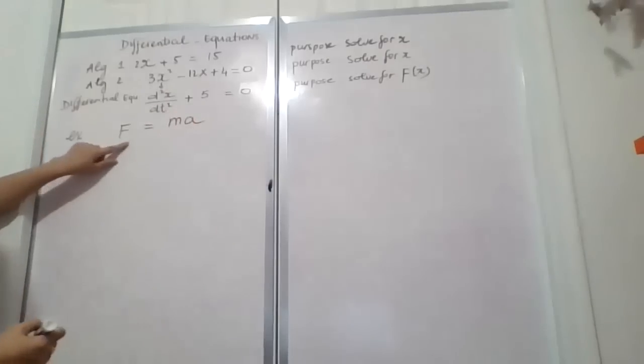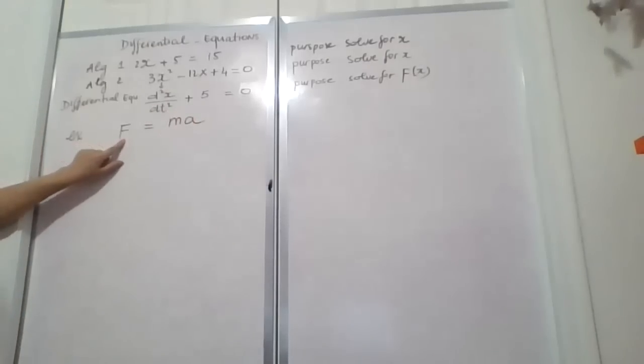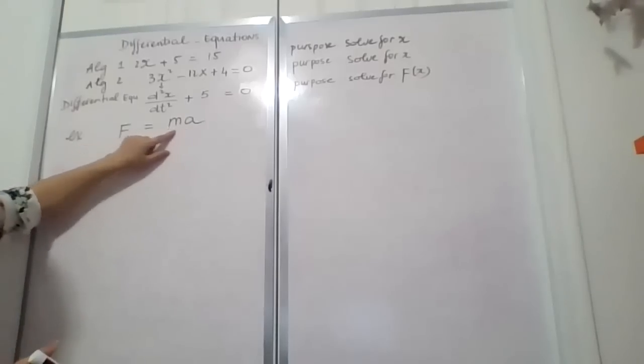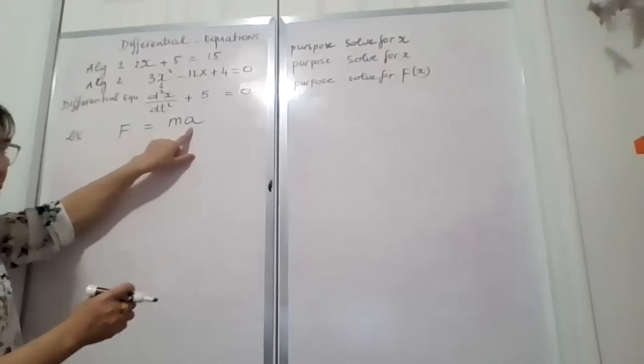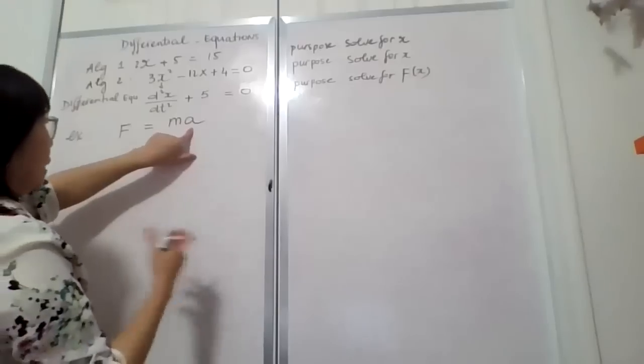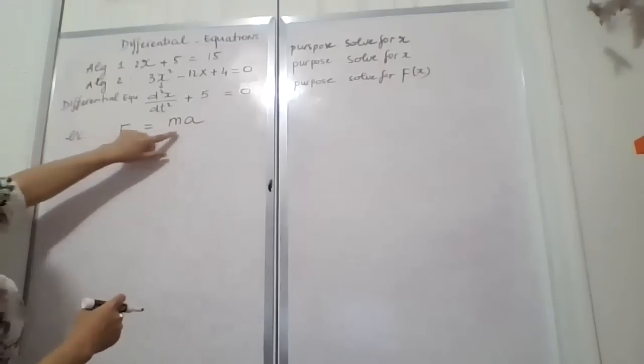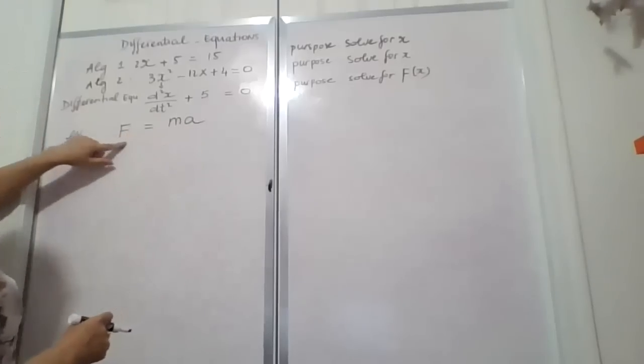What does this equation mean? In physics 11, any force of action equals the mass of an object times the acceleration of the object, how fast it's moving. Force equals mass times acceleration.